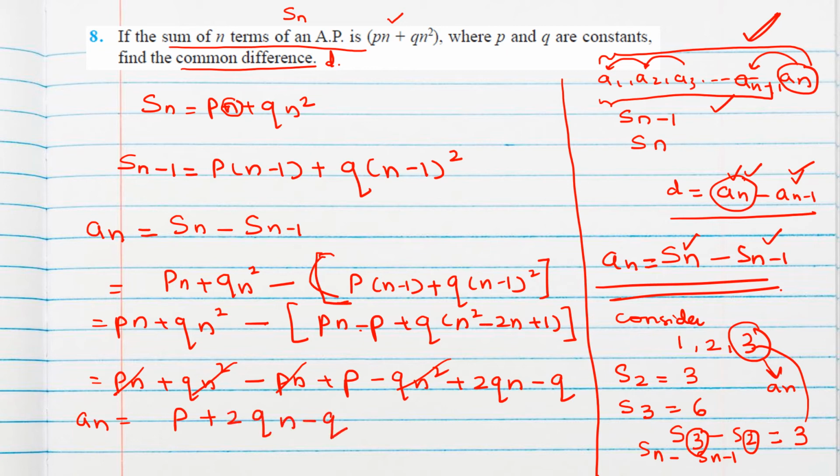Now from this An formula we can find An minus 1 because we should find D. After finding An minus 1 we'll find D using this formula. We got An as P plus 2Qn minus Q. Using this formula for An we'll find An minus 1.